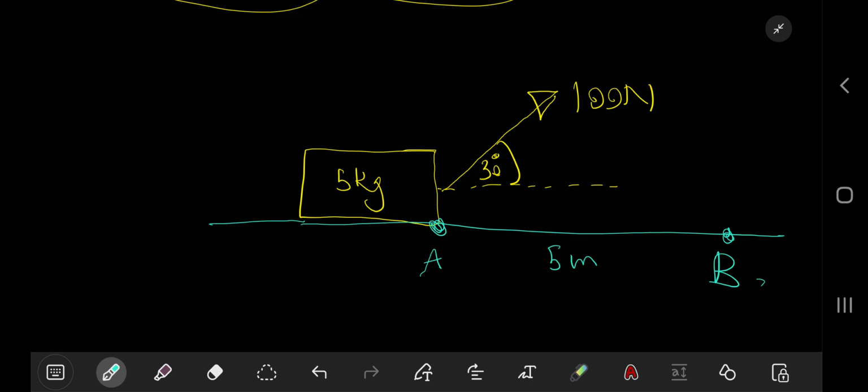So as this force is applied, it moves the object from point A to point B.